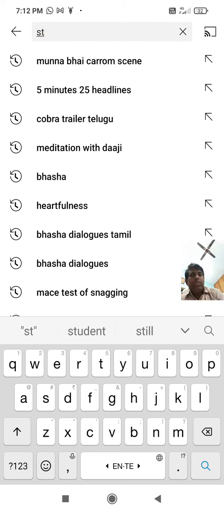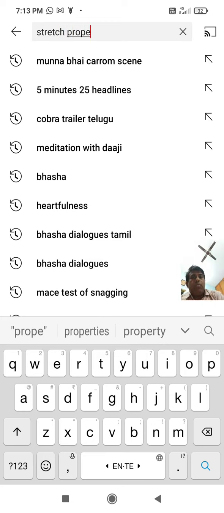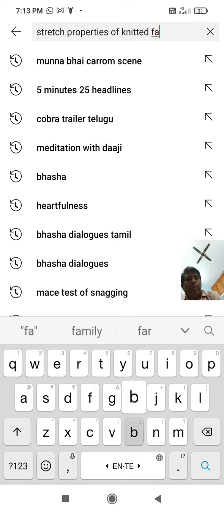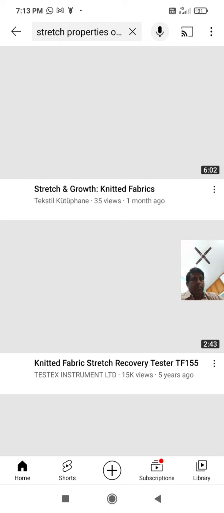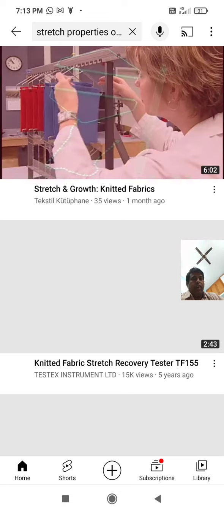Stretch properties of knitted fabrics. Here we have stretch and growth.